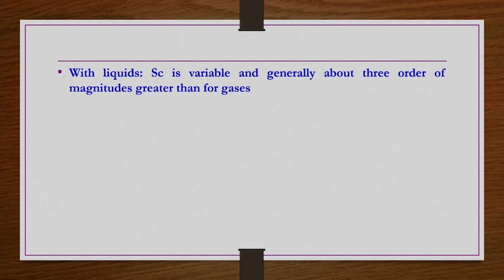But in the liquids case, whatever previous slides we have seen is for the gases. In the case of liquids, usually the Schmidt number varies because the viscosity and density of the liquids change from one liquid to the other, and variations may be large. For the gases, variations in the viscosity and density are very small from one gas to the other.